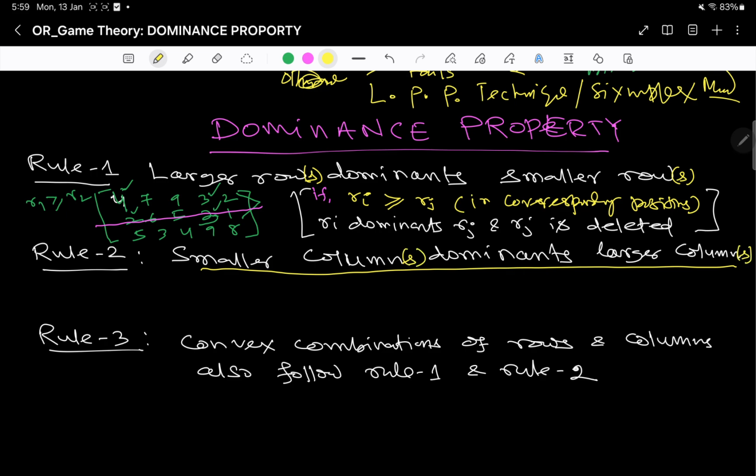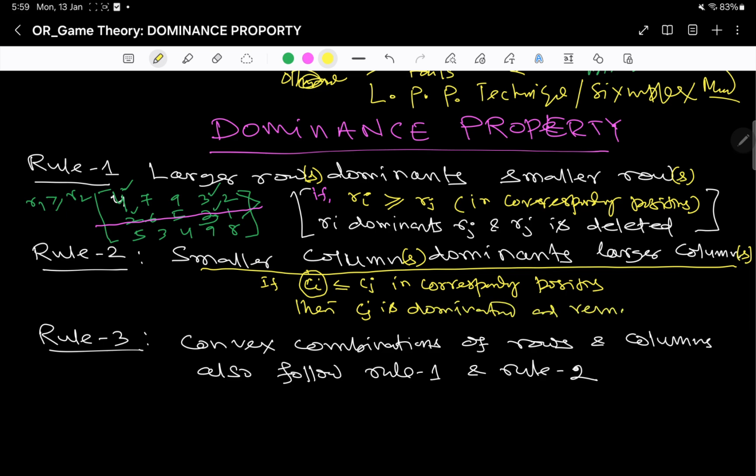If Ci is smaller than or equal to Cj in corresponding positions, where Ci is the smaller column, then Cj, the larger column, is dominated and removed.